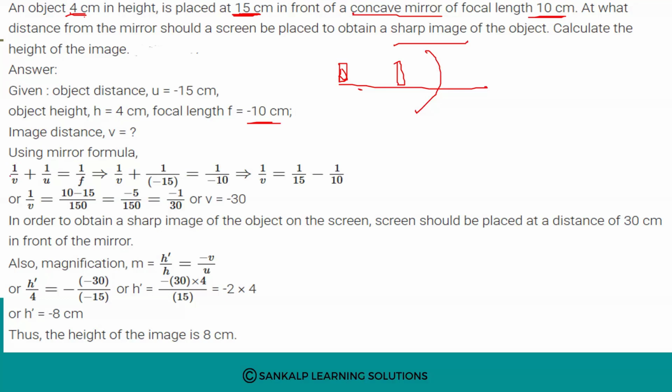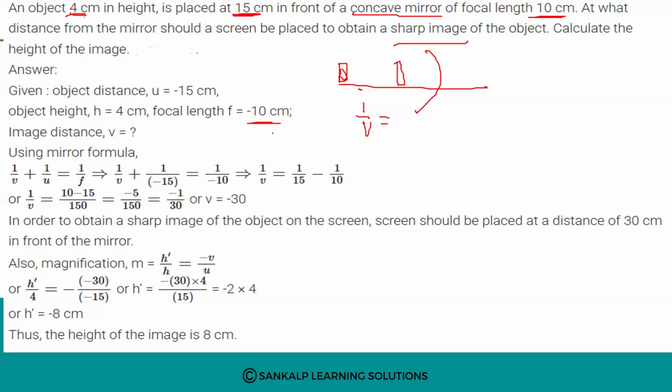By using the formula 1 by v plus 1 by u is equal to 1 upon f. Again, we don't know 1 upon v. So 1 upon v plus 1 divided by u value, which is minus 15, is equal to f, which is 1 divided by minus 10. So that is equal to 1 upon v.